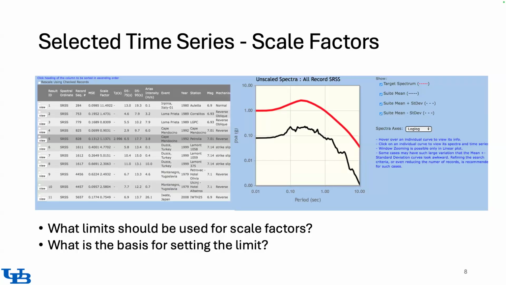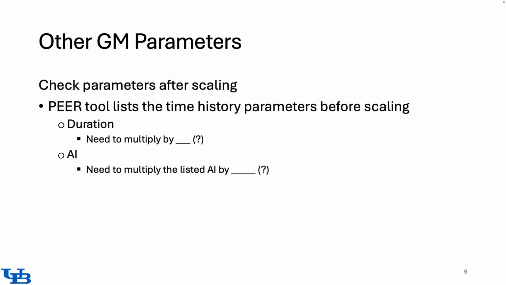In deciding how much we want to scale a ground motion, we also need to think that different parameters are influenced by the scaling factor differently. Why is that the case?